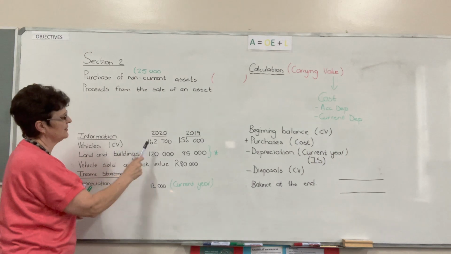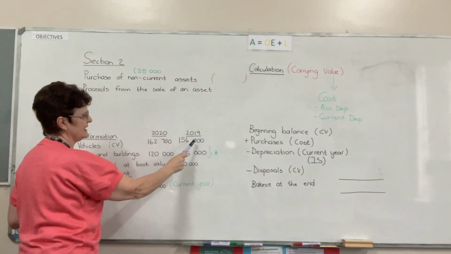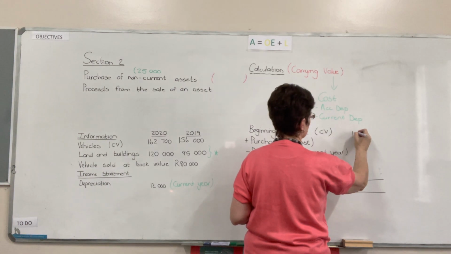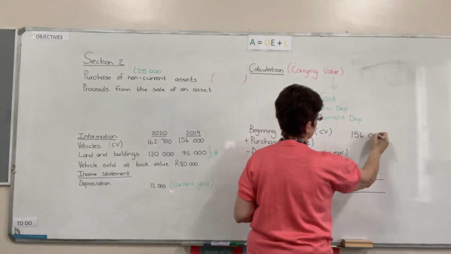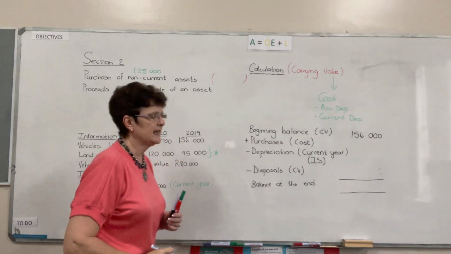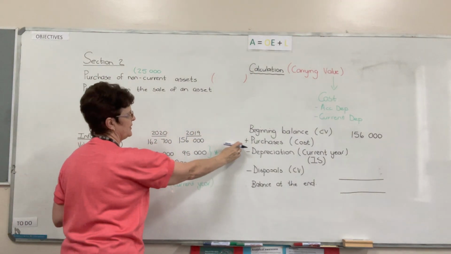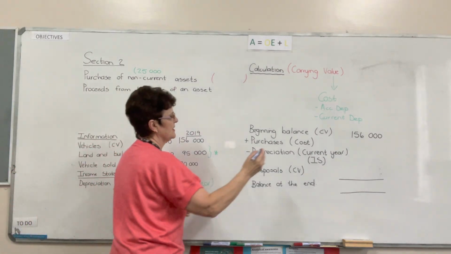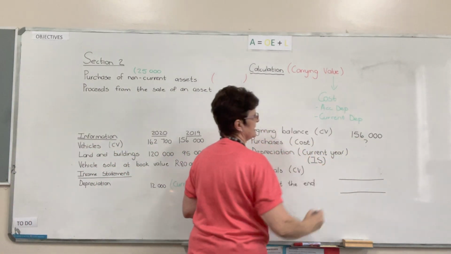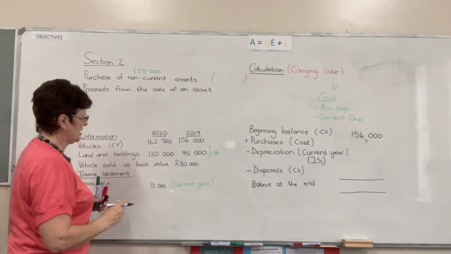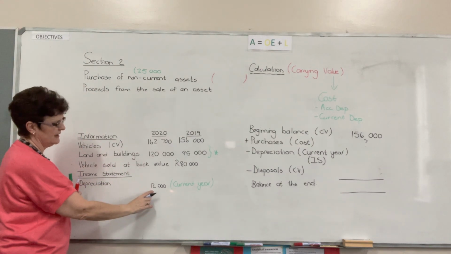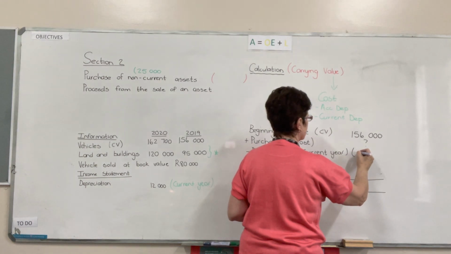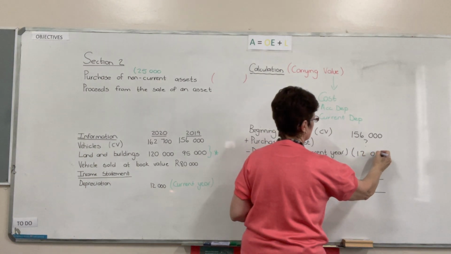The carrying value at the beginning balance is 156,000. Right, now we're looking for purchases. Well, we don't know what the purchase is, so this is my missing amount. Depreciation is given to me for the current year, and we have to deduct the depreciation.